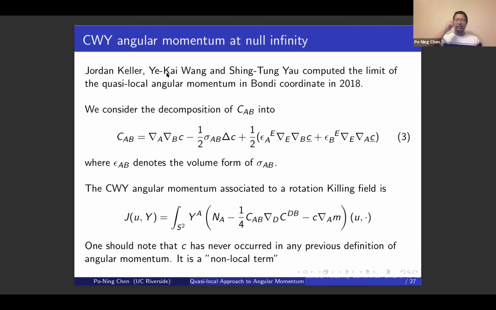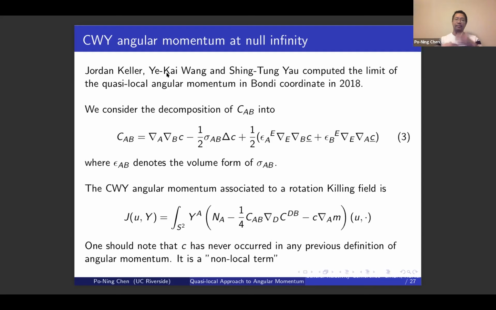So again, because it's the potential, it's a non-local term. If you change C_AB at a point, you would change the potential everywhere on S^2. Okay? And this is the first time that such a non-local term shows up in a definition of angular momentum at null infinity.